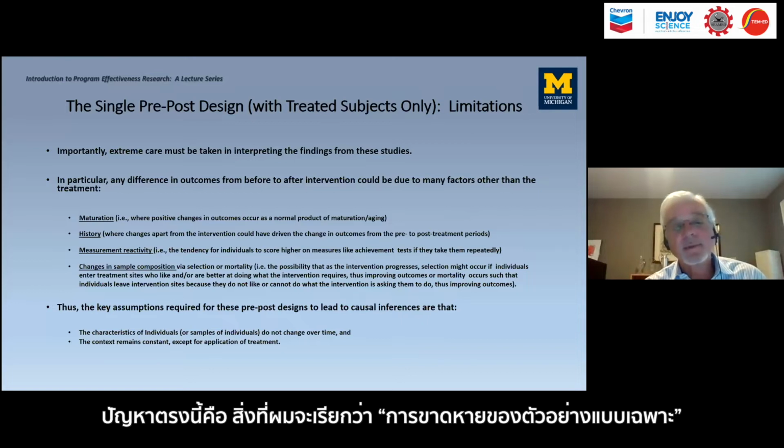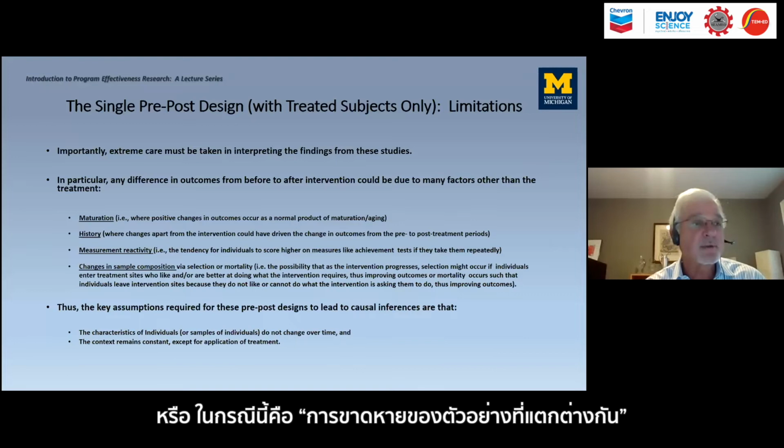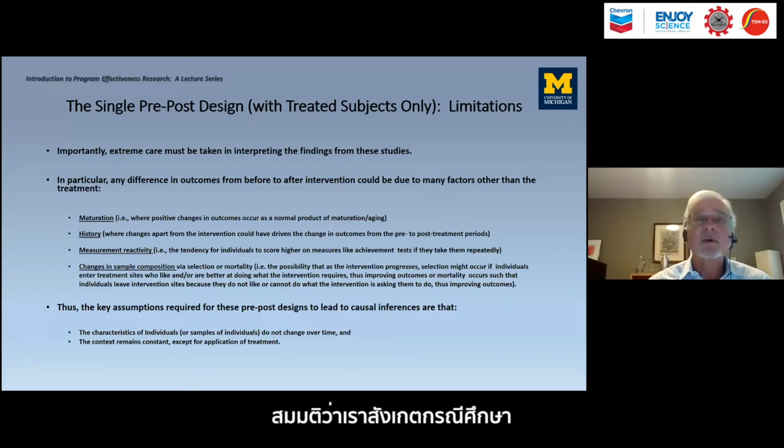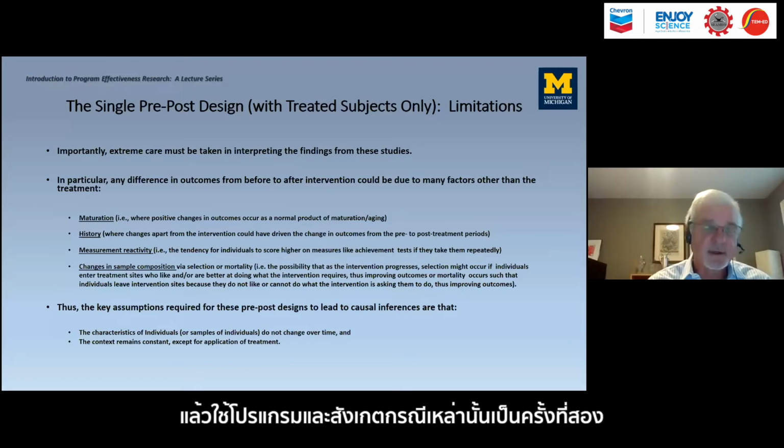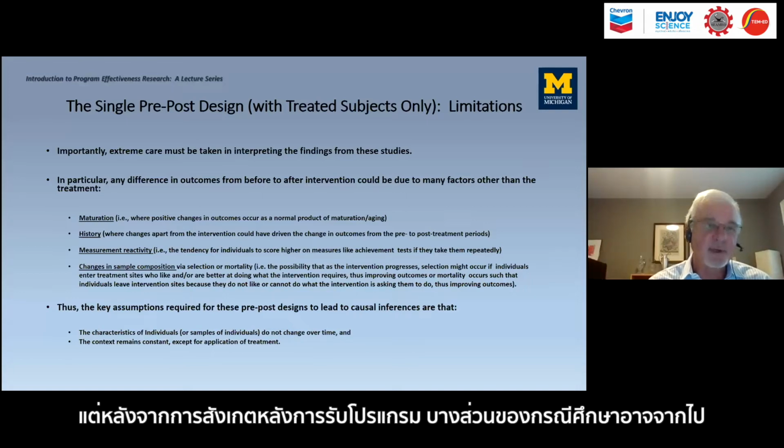And the problem here is what I will call selective attrition. That is, suppose we observe a set of cases, apply a treatment, and then observe the cases the second time around, but after post-treatment, some of the cases have left.